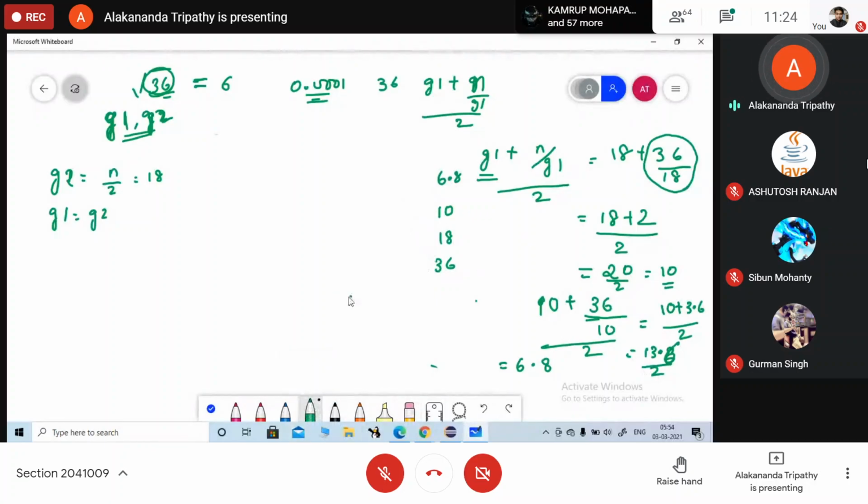So 6.8 plus 36 divided by 6.8 divided by 2. What will be the value? It is 5.294 divided by 2.